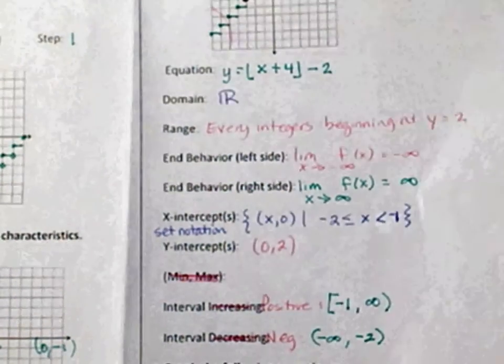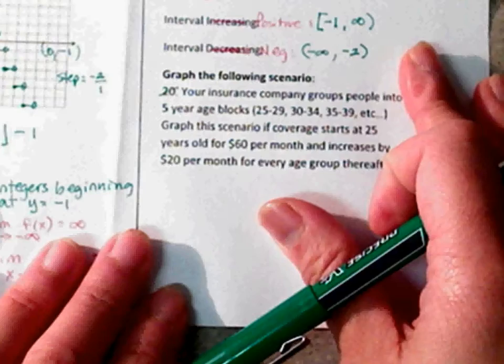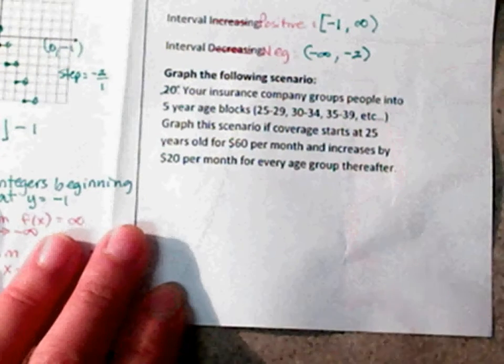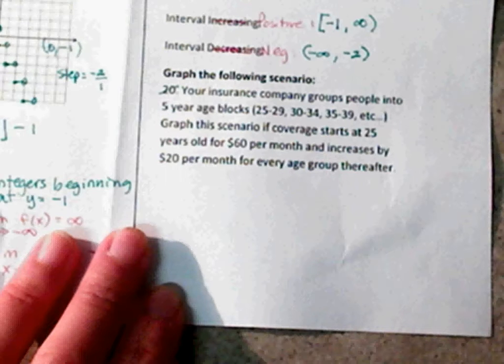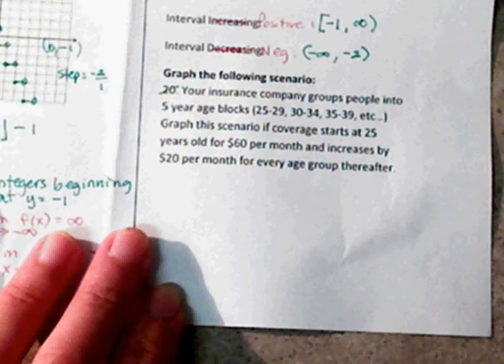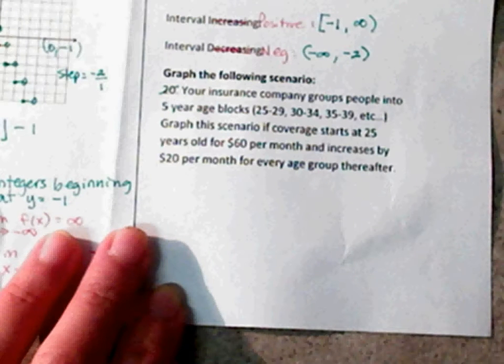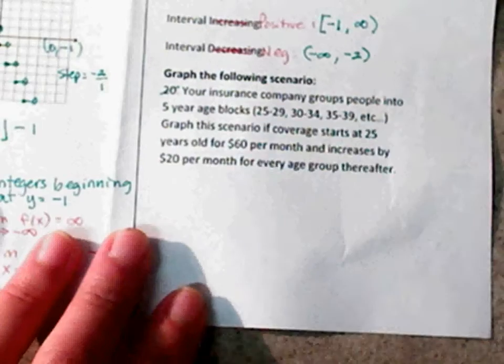Alright, let's look at number 20. It says, your insurance company groups people into 5-year age blocks. Those are the ages. Graph this scenario if coverage starts at 25 years old for $60 per month and increases by $20 per month. So, make yourself a graph.